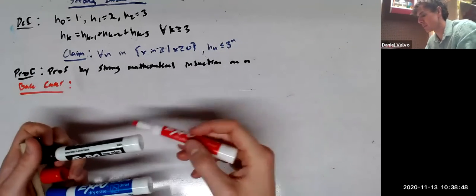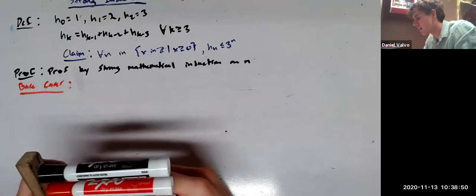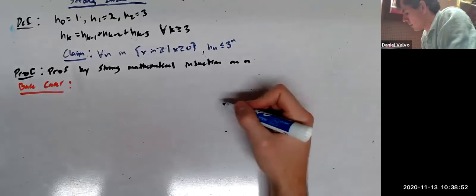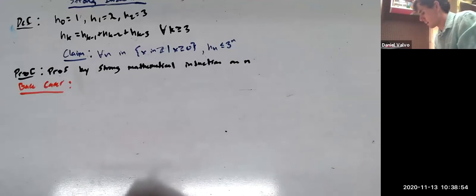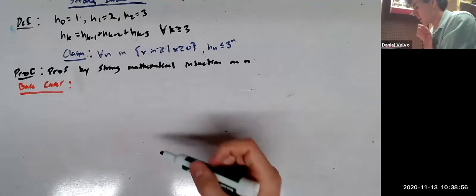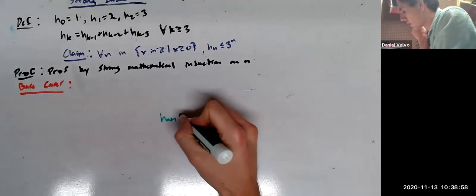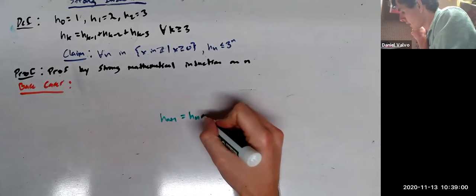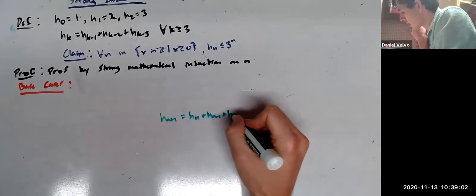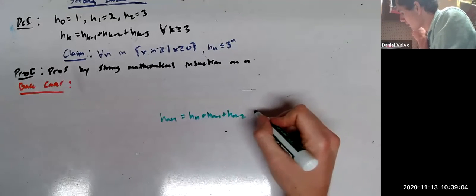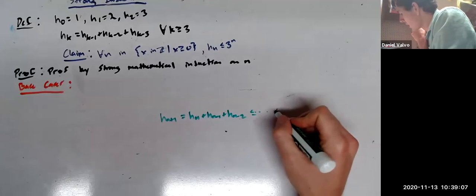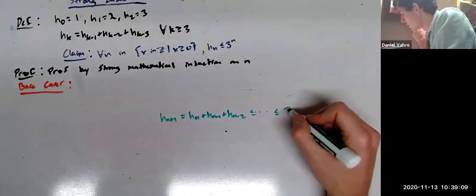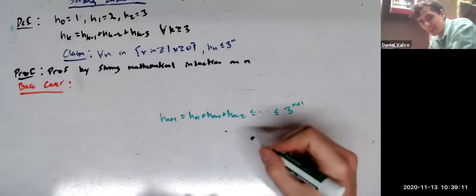And so let's think about this. Our whole idea was that h of n plus 1 equals h of n plus h of n minus 1 plus h of n minus 2. And we can eventually show through a chain of these less than or equal that it's less than or equal to 3 to the n plus 1. That's kind of what we did on this side.